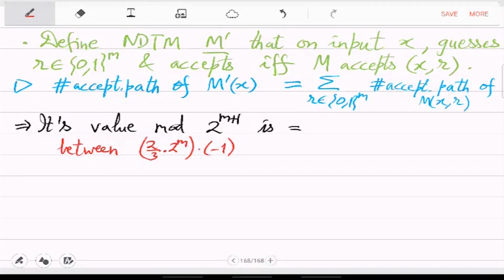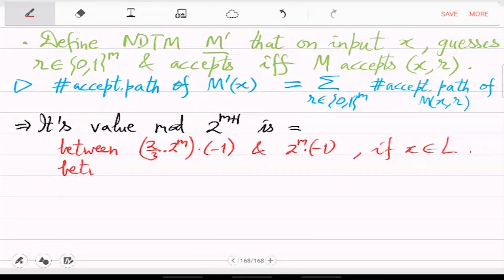Otherwise, you get 0. So it is on the negative side, but very negative. If you look at the magnitude, it's close to 2 raised to m. This is if x is a yes string.